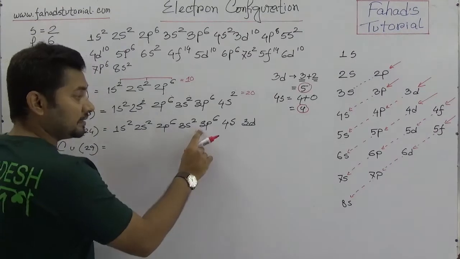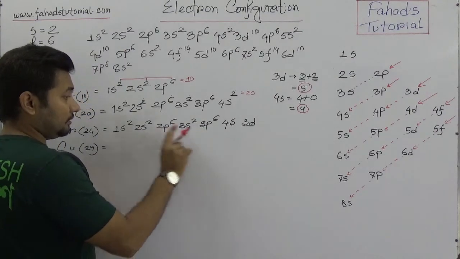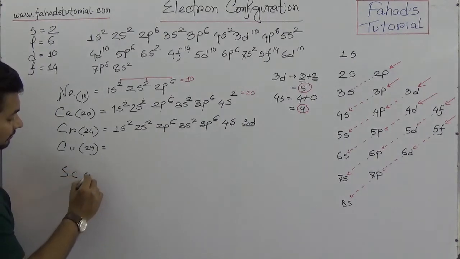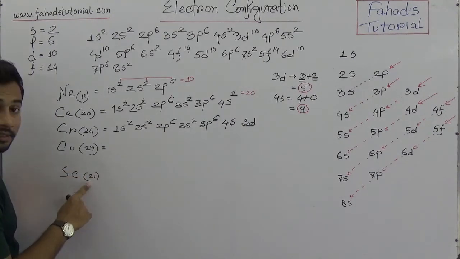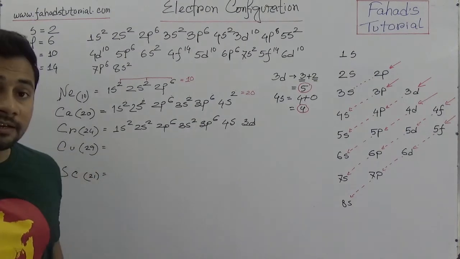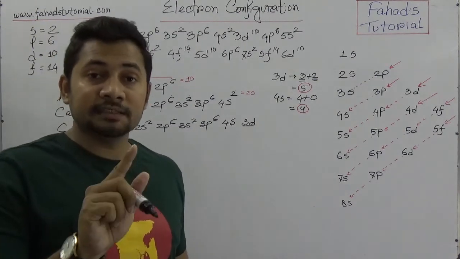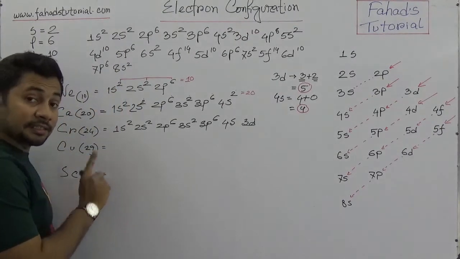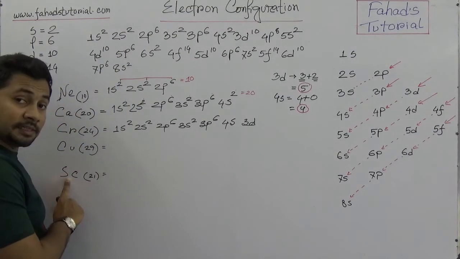So why is this happening? Before explaining this, I need to explain one more thing, which is scandium. Scandium is 21. If you see the periodic table, scandium is placed after calcium, and 21 is the number of protons of a scandium atom.